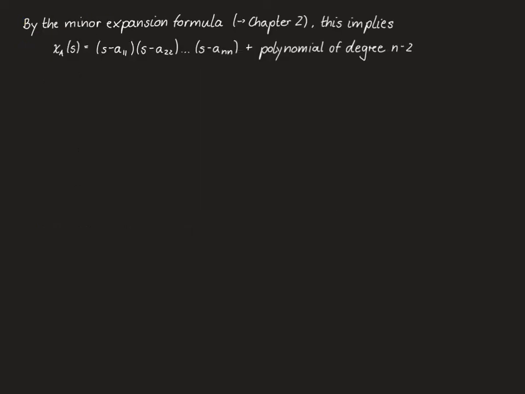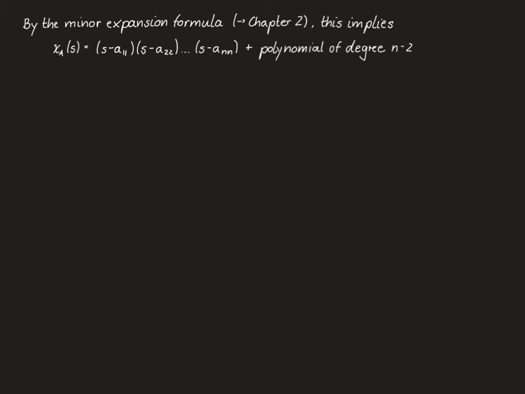Now, by using the minor expansion formula to calculate the determinant of this big matrix, chi A of s can be written as the product of (s minus A11) with (s minus A22) and so on down to (s minus Ann) plus a polynomial of degree n minus 2.